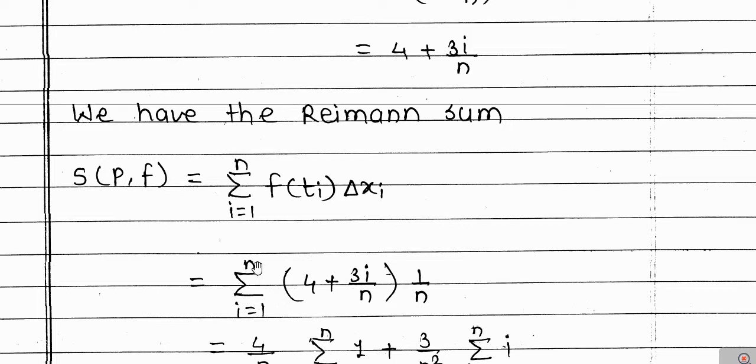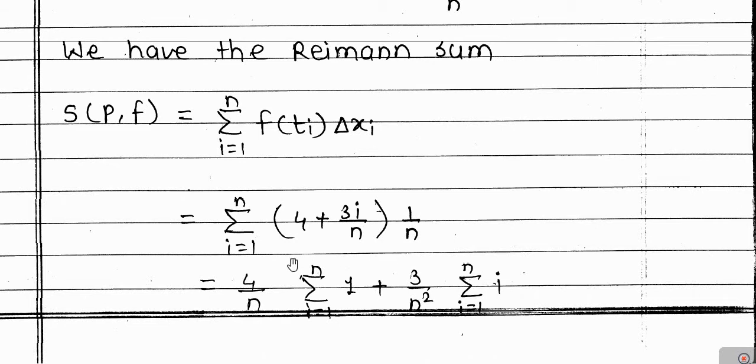So the summation over i equal to 1 to n of (4 plus 3i by n) into delta xi, which is 1 by n. Now simplify this one. Multiply this one and perform the simplification. So we get this equal to, I am writing this intermediate step here.